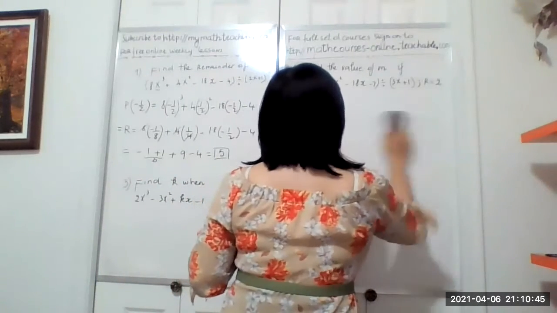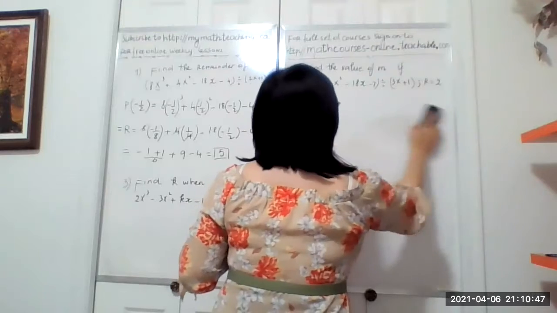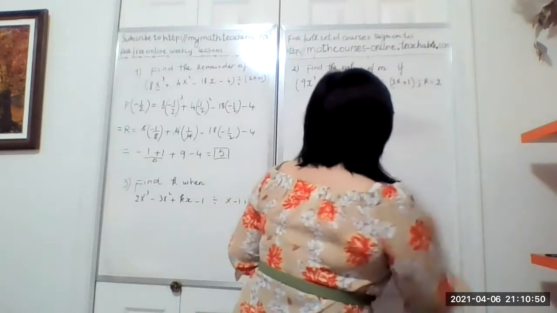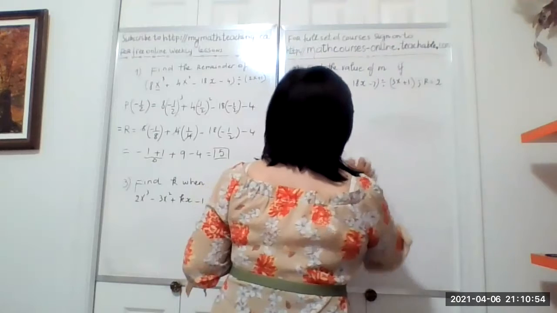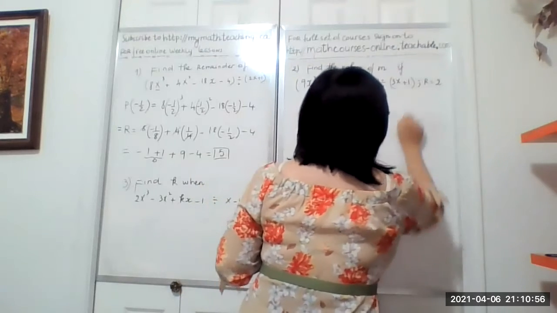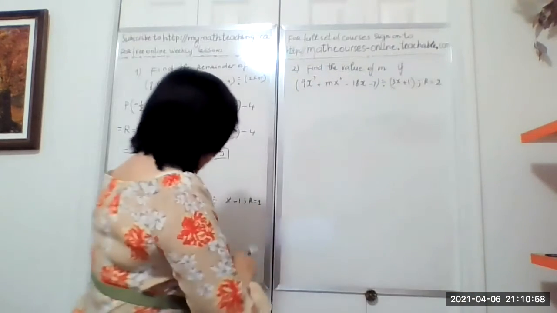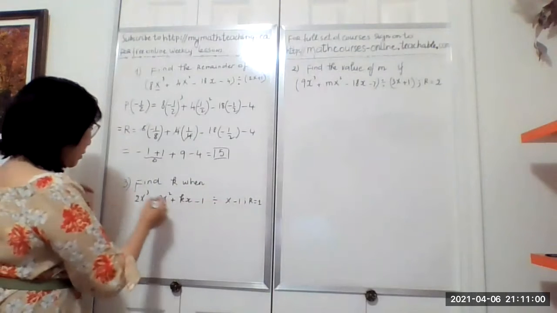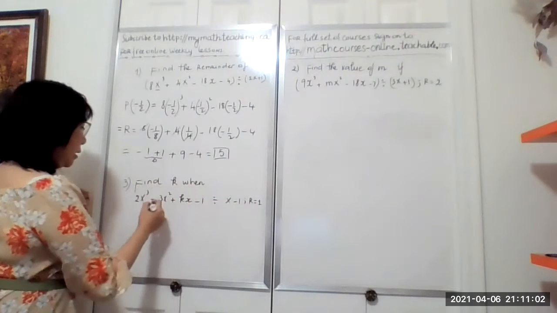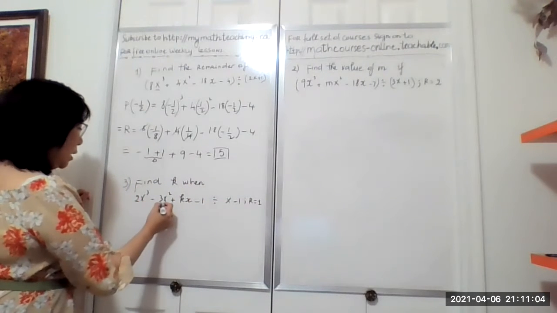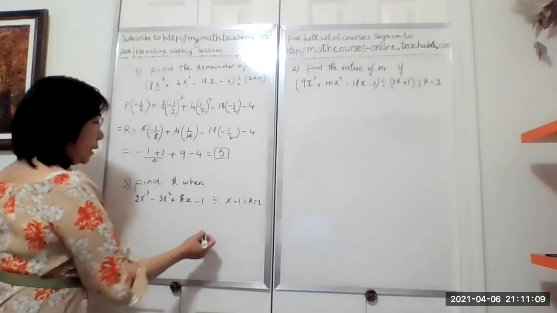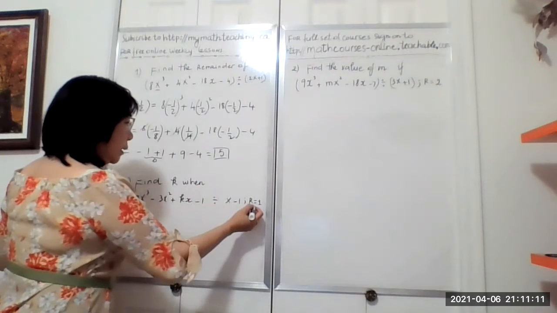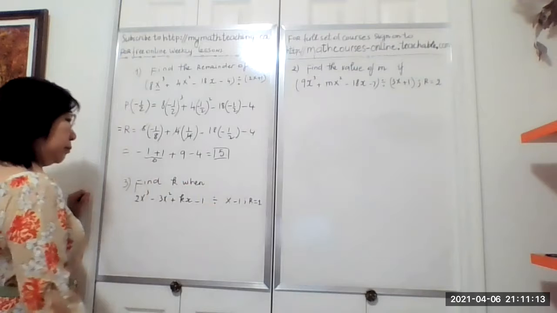So I'm going to erase this one here. Good. So let's find out this one here. Find the k when 2x to the power 3 minus 3x squared plus kx minus 1 is divided by x minus 1, and given the remainder equals 1.